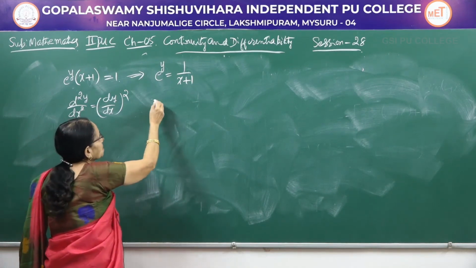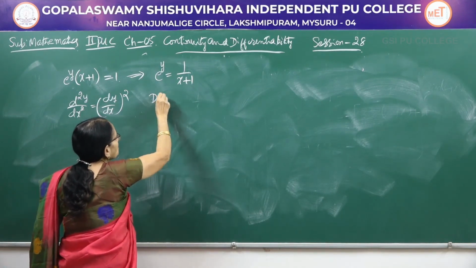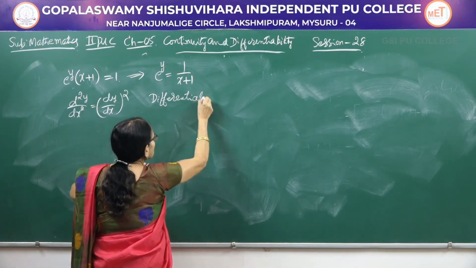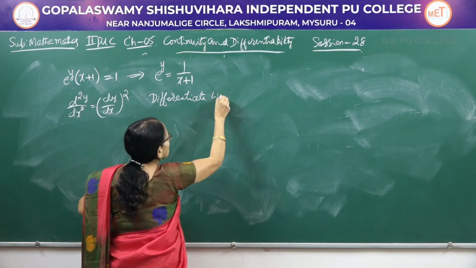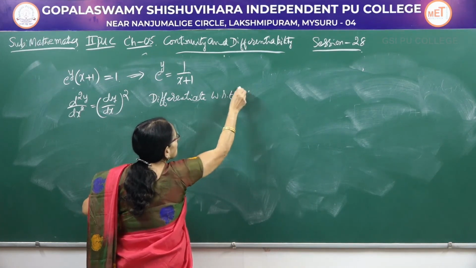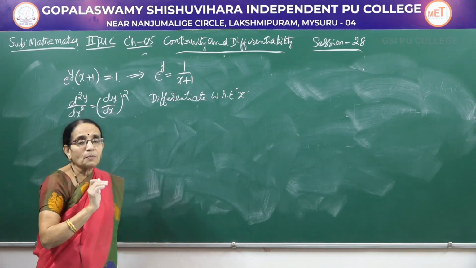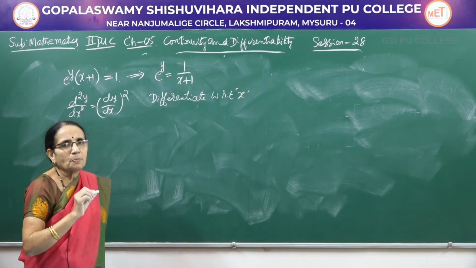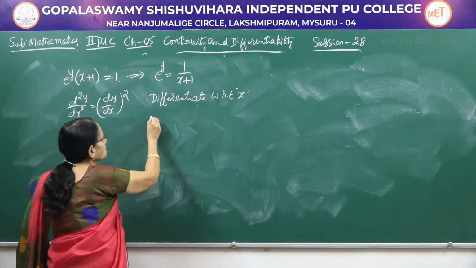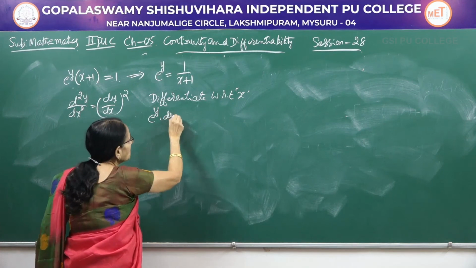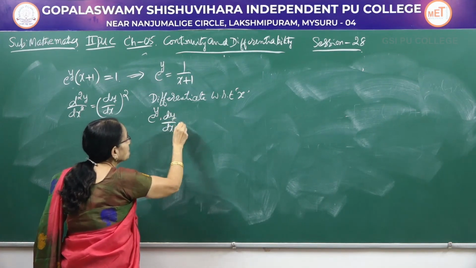Now differentiate with respect to x. Look, e power x means simple function, e power y means composite. So e to the power y remains as it is, but y becomes dy by dx.